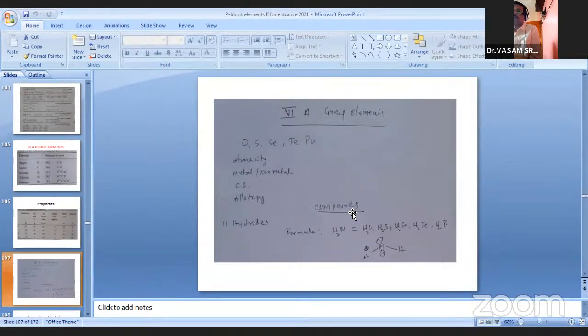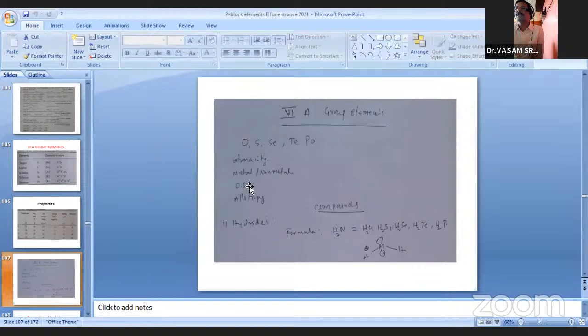The last one, polonium, is a radioactive element, always stable in a single atomic state, therefore atomicity 1. The first two elements are non-metals, the next two are semi-metals, and the last one is a metal. Therefore, the metallic property increases from top to bottom.